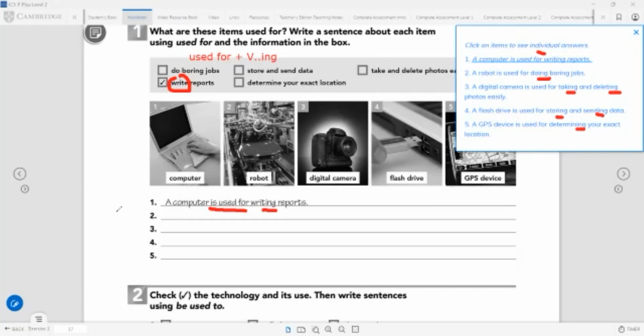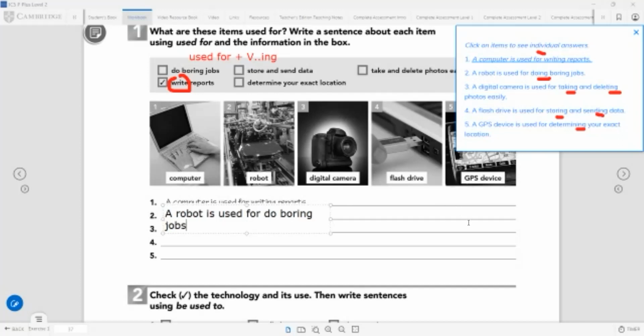The idea is that, in your book, you wrote, for example, a robot is used for do boring jobs. Maybe you have a mistake.